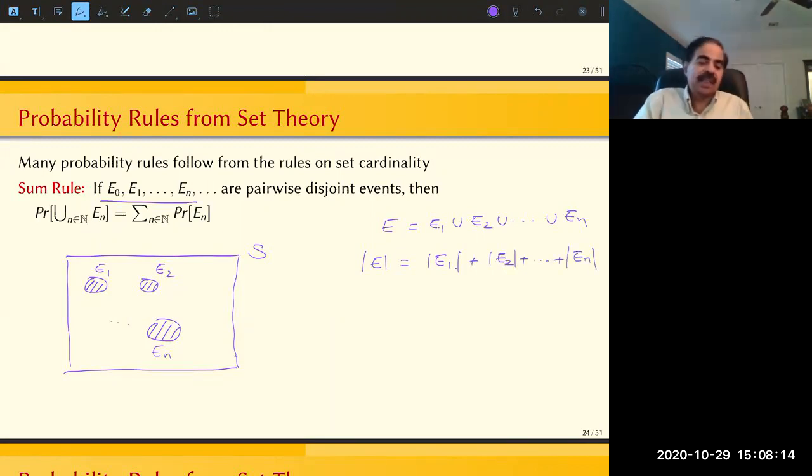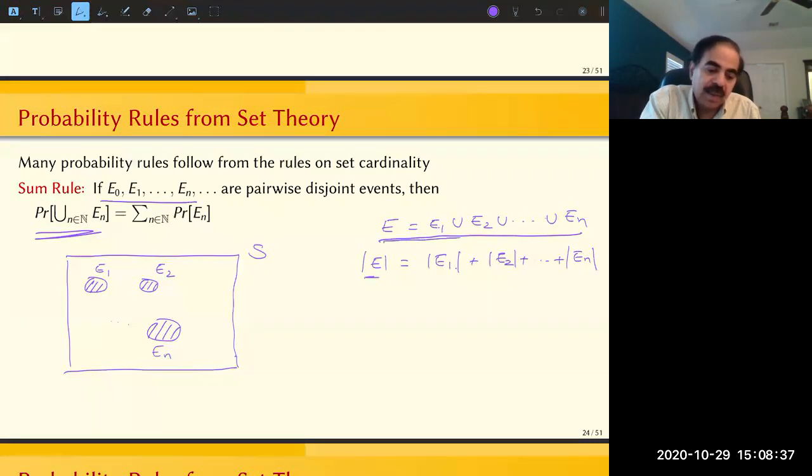Since in order to look at the probability of the event, we simply go through the elements in the set and add up the probabilities of each of those elements, it is very clear from that way of defining the probability of events that when you have disjoint events and you take the union, their probabilities simply add up, and that's what this rule says.